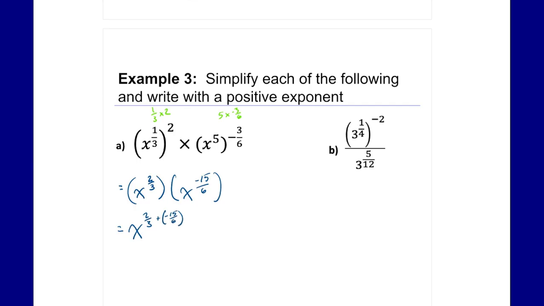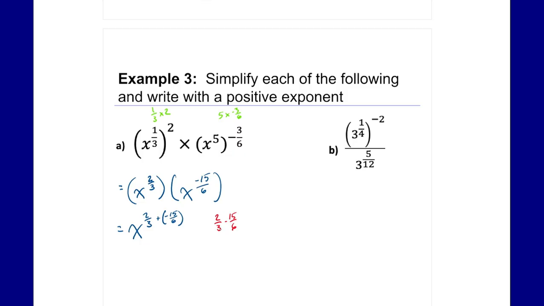If we think about adding fractions, I'm going to do this off to the side. So 2 over 3 plus, or let's say minus, because plus and a minus become a negative, 15 over 6. I can change the first fraction or reduce the second fraction, whichever way we see fit.